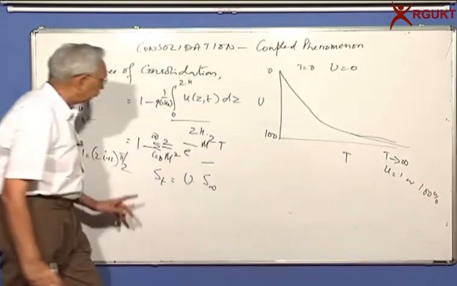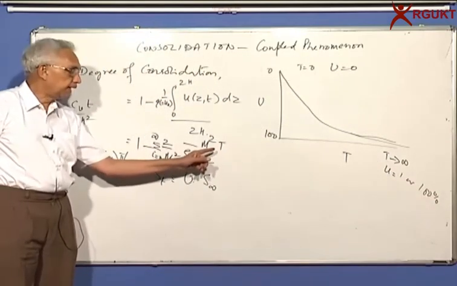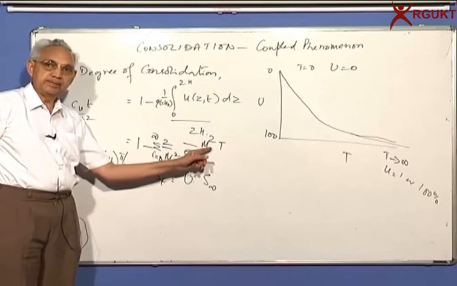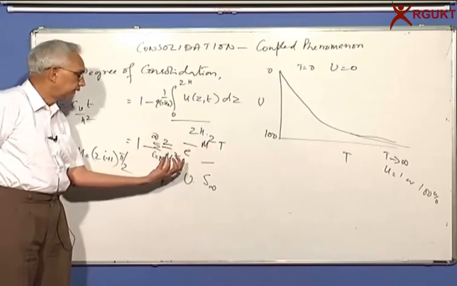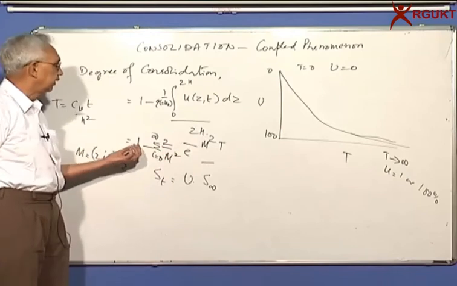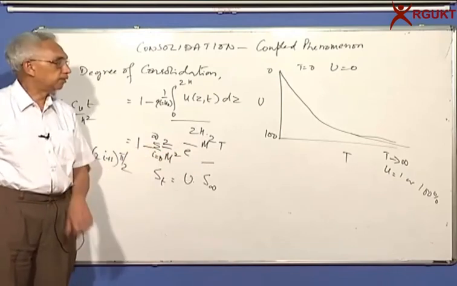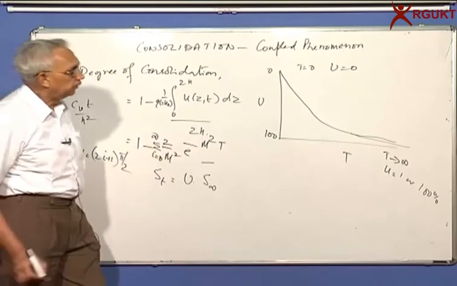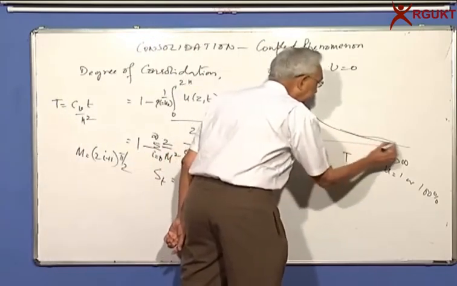What happens? As t becomes large, e to the power of minus large quantity becomes 0. So this term becomes 0. So you will get degree of consolidation is 1 or 100%. This is how you will find it is increasing.